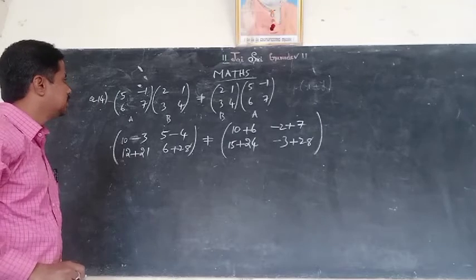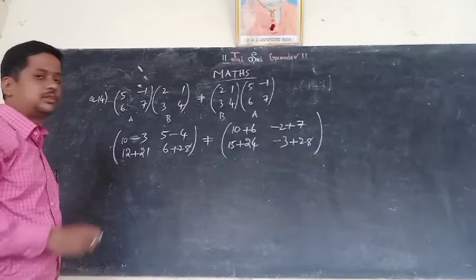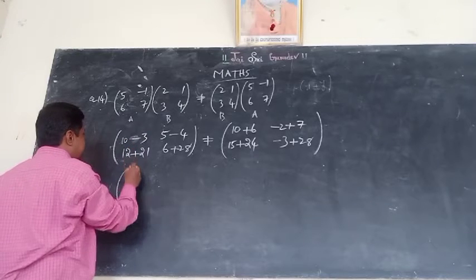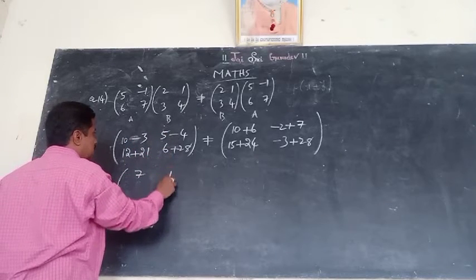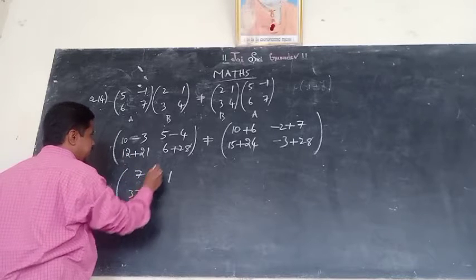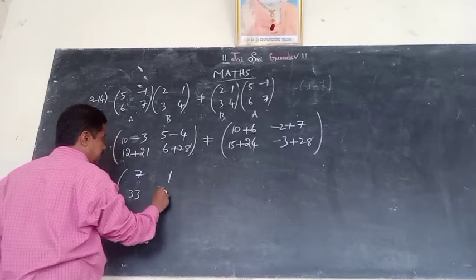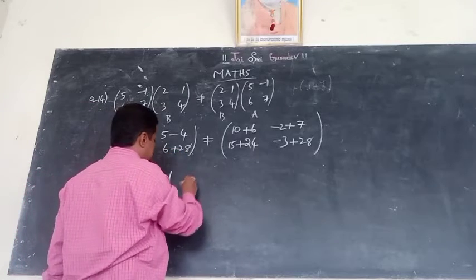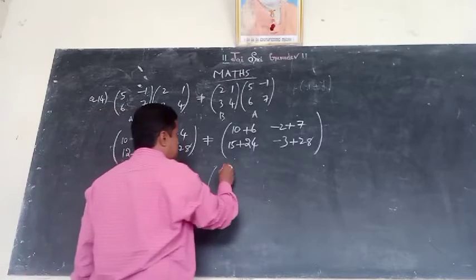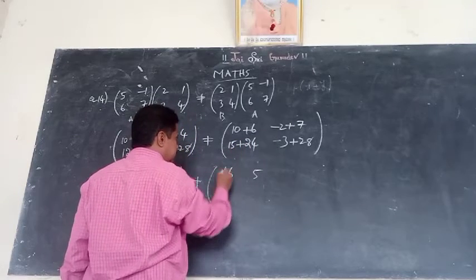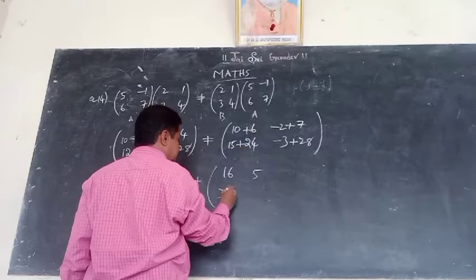So this is the simplified result: 10 minus 3 is 7, 1, 30 plus 3 is 33, 34, 16, 5, 30, 39.